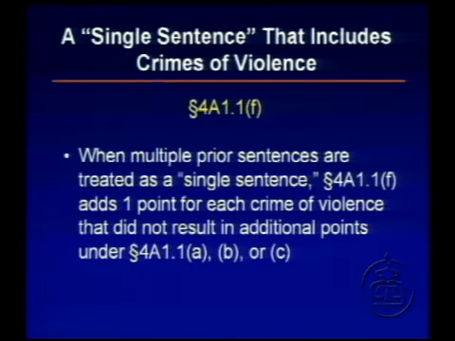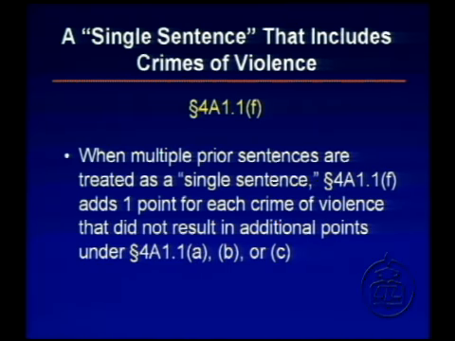Absolutely. 4A1.1(f) states that when multiple prior sentences are treated as a single sentence, as we have in the fact pattern that we just discussed, 1 additional point is added for each crime of violence that did not result in additional points under 4A1.1(a), (b), or (c).